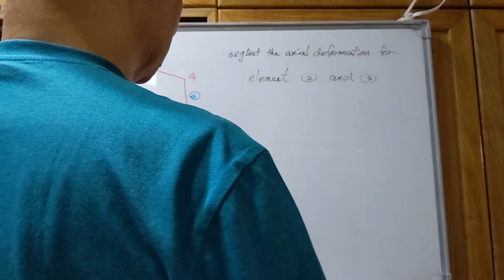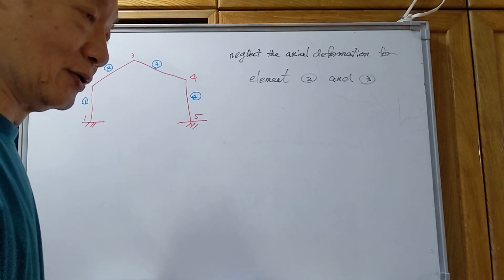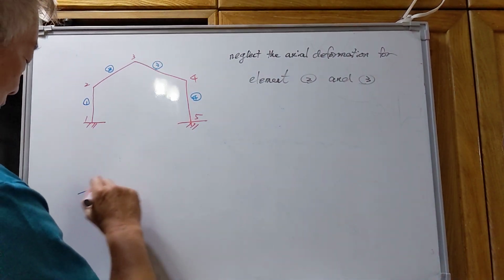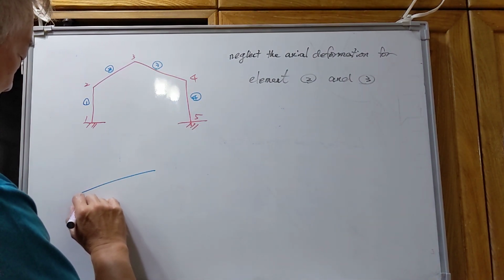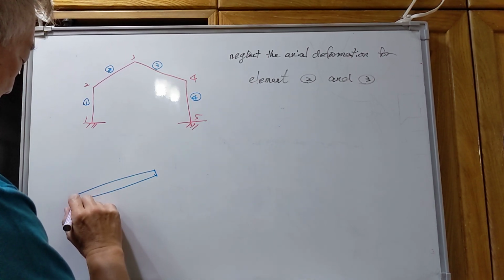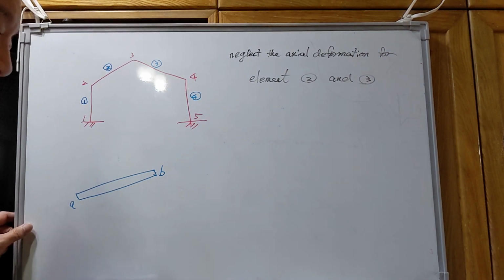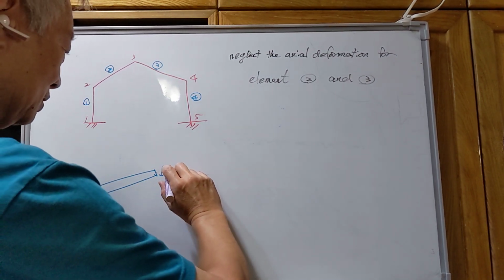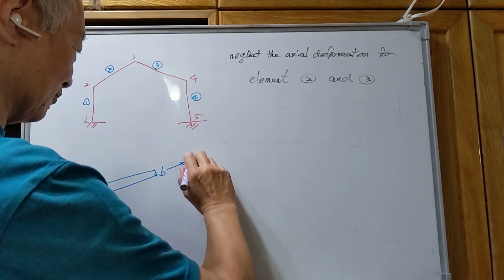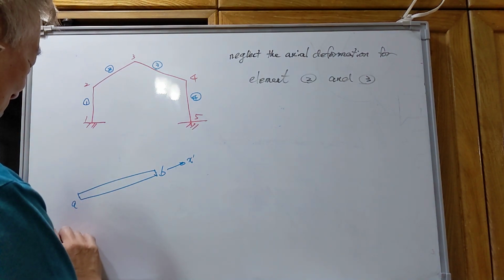And in this case, we can talk about a general element. Let's say the element is from node A to node B, and we can always define the local coordinate system.